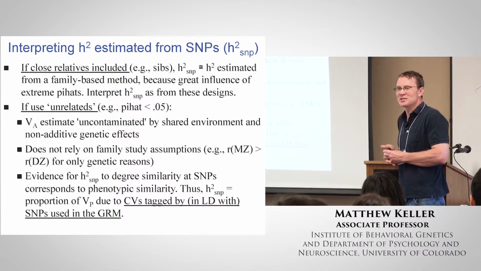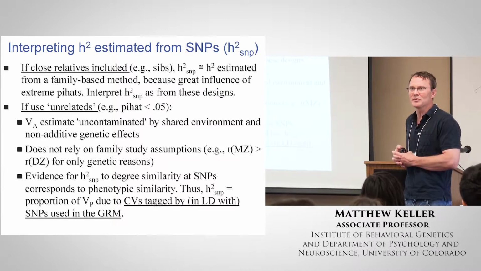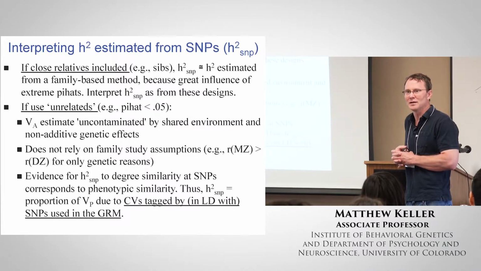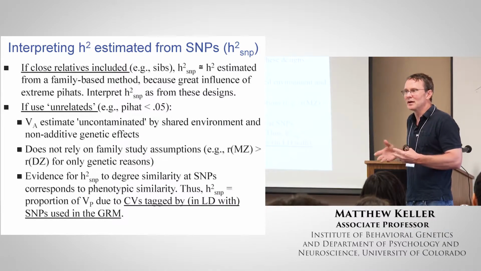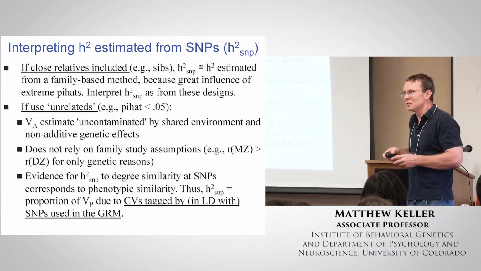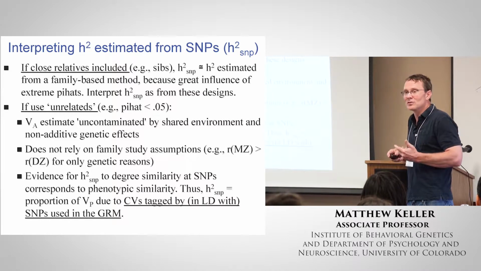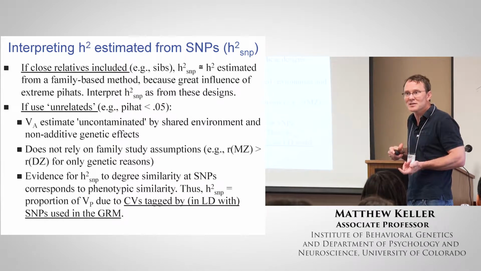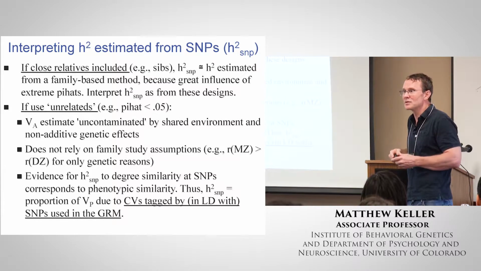So I think a real concern in these studies has been the degree to which stratification might bias these estimates upwards. Stratification is where you've got a sample that includes people of mixed ancestry, and obviously people who are more similar ancestrally are going to be more similar genetically. If that also correlates in some way with phenotypic similarity, for cultural reasons potentially, then you will get a biased estimate of that SNP heritability.